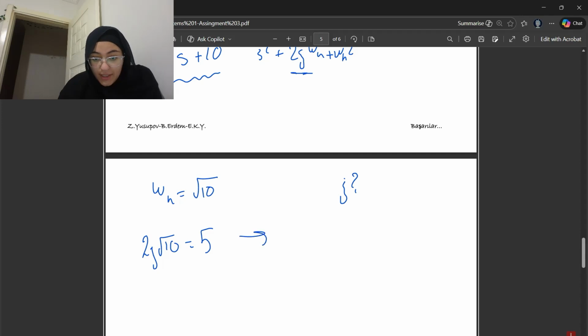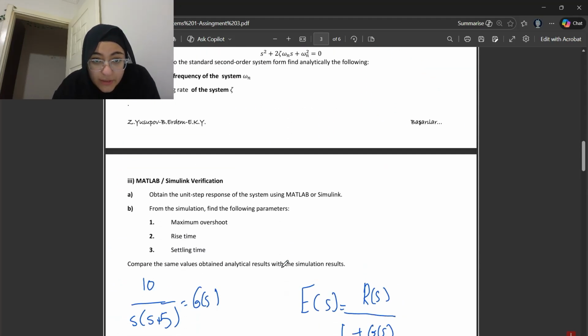So zeta here will equal, I'm sorry, I don't know why I'm writing it like j, it is zeta. Zeta equals 0.79.